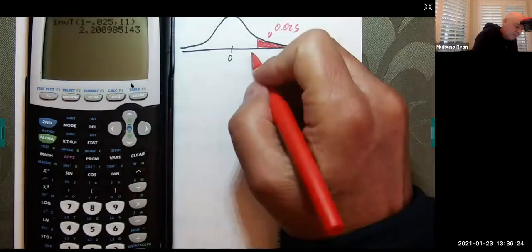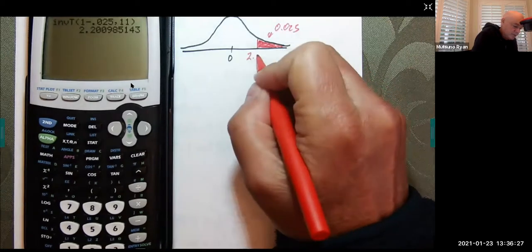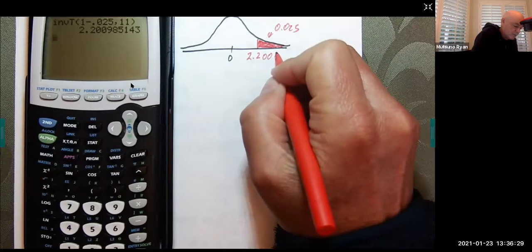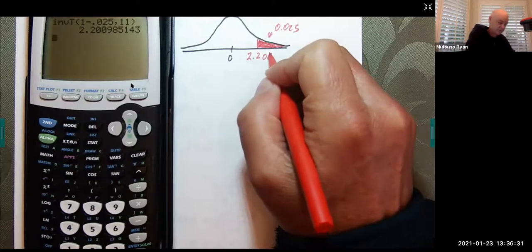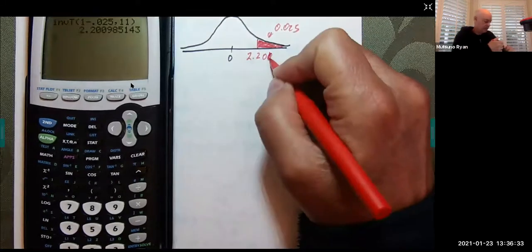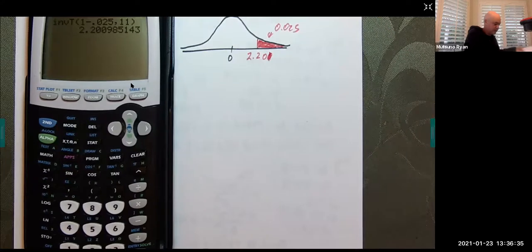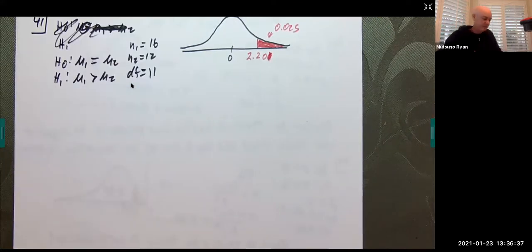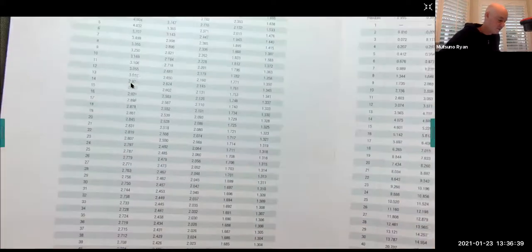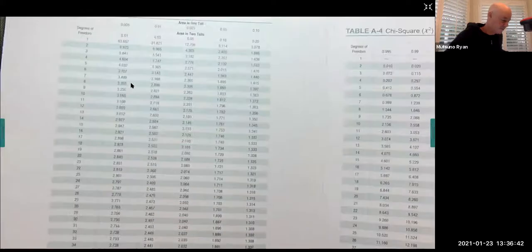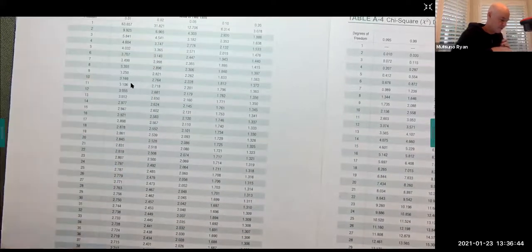So this is 2.200, or 201, what that's going to be. And those of you with the TI-83 that have to look it up on the table: in one tail, we have 0.025. In one tail, 0.025. Degrees of freedom are, there it is.